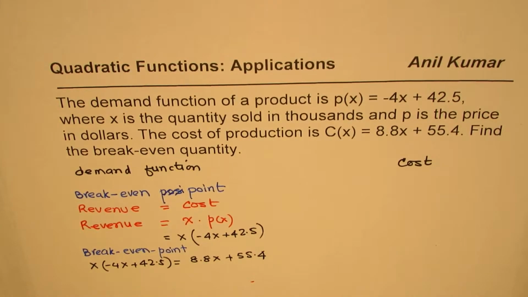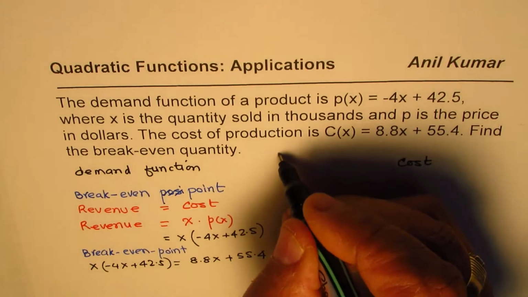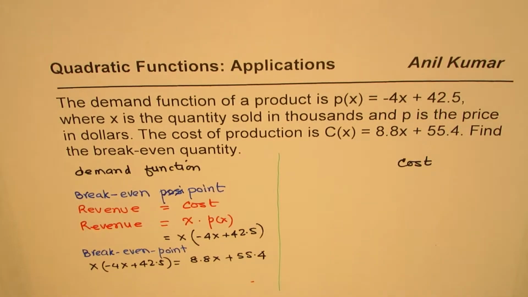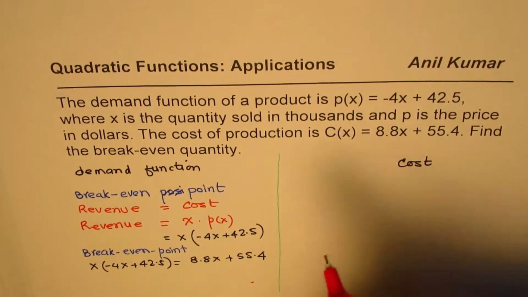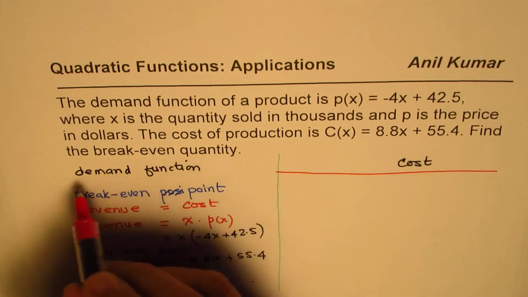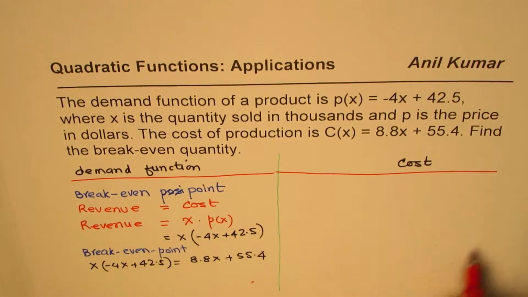So that is the concept which I'm sharing with you. You should first understand this and then solve the question, right? So I hope we are in a good position to solve the question now. That is the equation we are solving, so let me solve it on the right side.